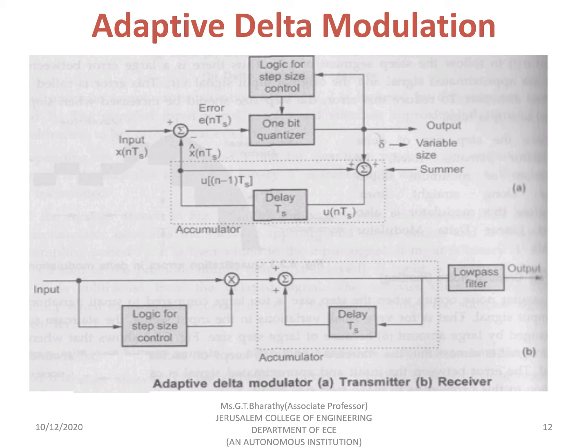In the previous case, we didn't have this logic for controlling the step size. Once the step size delta is fixed, that will remain the same, whether the amplitude is increasing or decreasing. But now in this case, we have a separate logic here. Whatever logic is used at the transmitter side, the same logic has to be used at the receiver side also, so that the data can be extracted properly and the reconstructed signal can be obtained correctly.